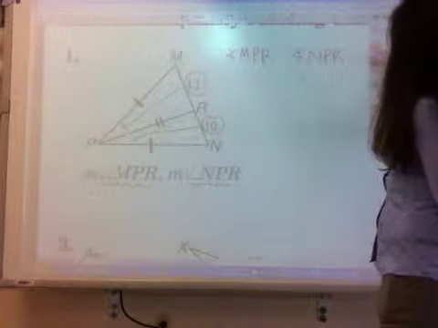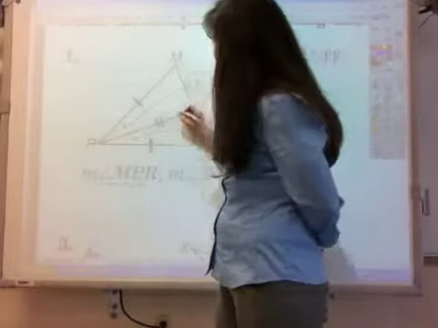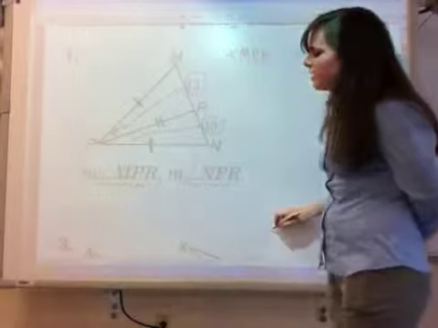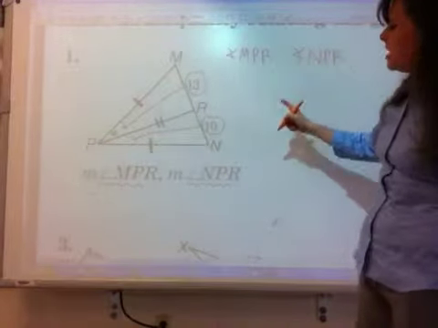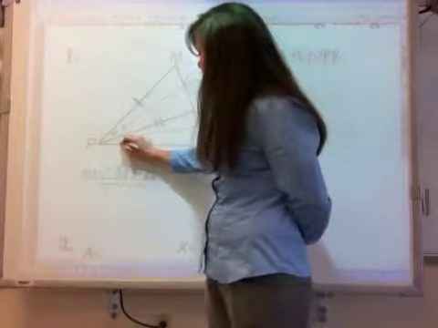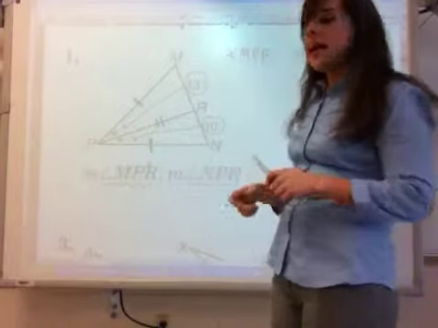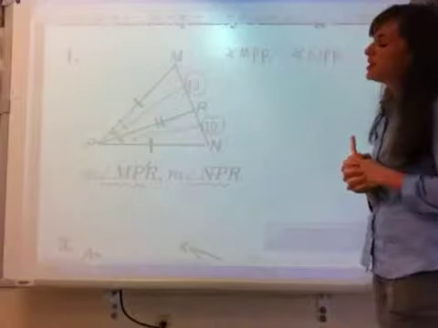Okay? So locate those angles. MPR. Highlight that. What angle are we focusing on? It's going to be right there in that top half. Okay? And then what angle is NPR? Find it. N to P to R. What angle did you just trace? That's going to be this bottom one. They're always going to ask you about these angles opposite of these third sides that they give you.